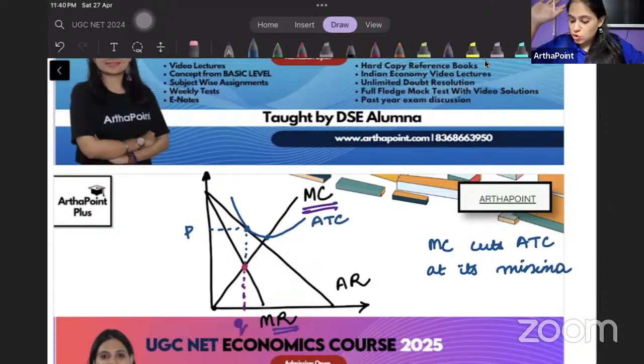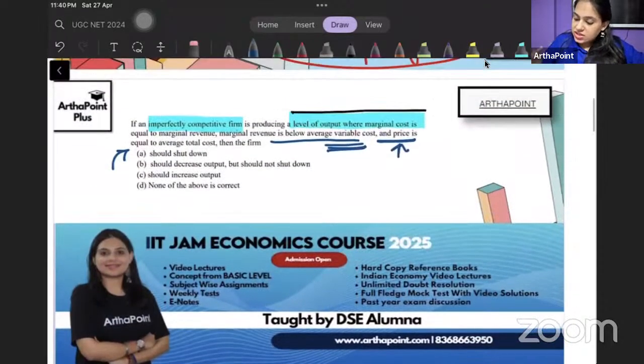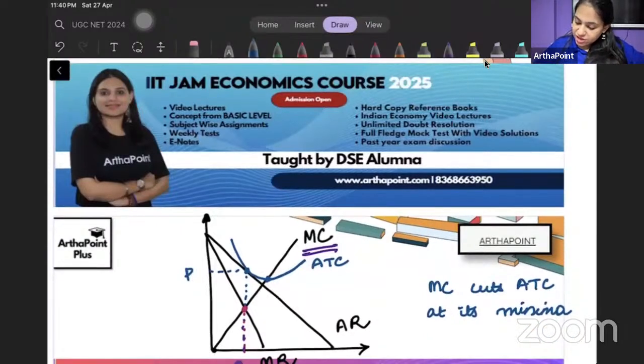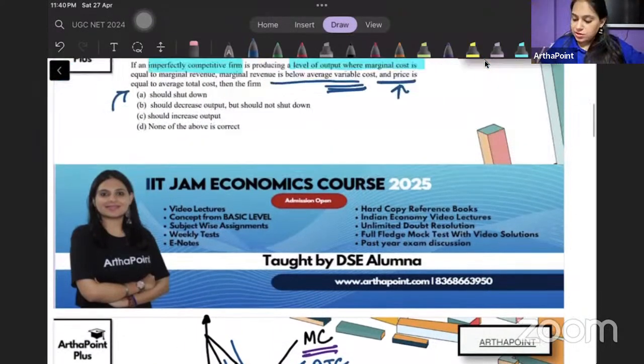Whatever the question is saying, I am doing that. This is my minima and then it is increasing. Okay. Next, read this out, beta. Marginal revenue is below average variable cost. Okay. So average variable cost must be somewhere here. Again, MC will cut AVC at its minima. Carefully, yes. So this will be my AVC. Okay. Done.